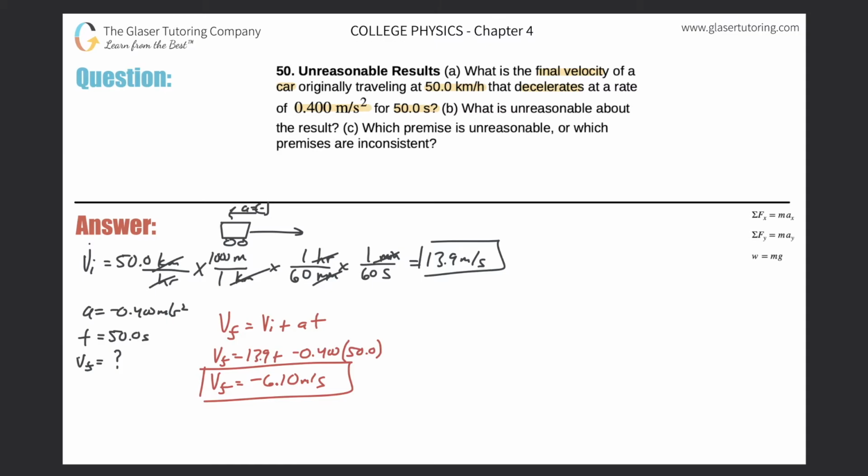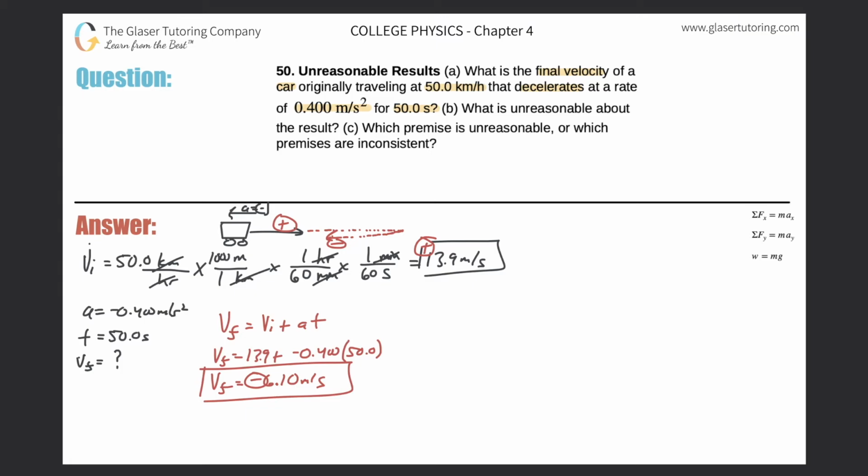Well, what does the negative sign tell you? A negative sign in terms of velocity tells you direction, correct? According to my car wheelbarrow here, it was traveling to the right. It had a positive initial velocity. Notice that this value here is positive. And it kept traveling, and then it stopped, and then somehow it started to go back, because my final velocity is now negative.